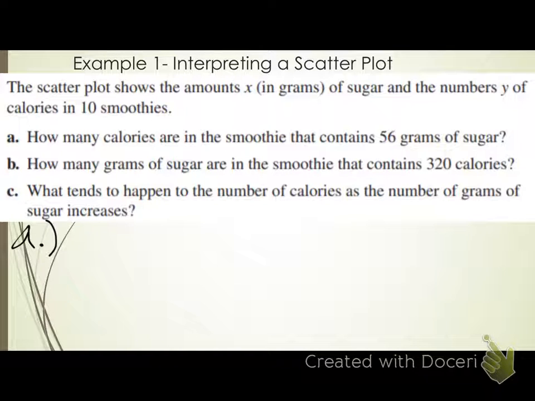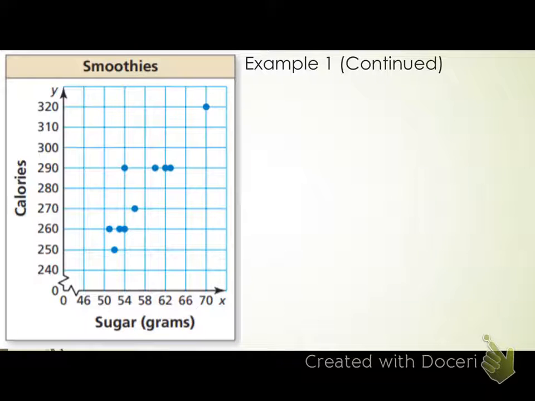How do I know which smoothie has the 56 grams of sugar in it? Which axis do I have to look at to find 56 grams of sugar? The x-axis, because my x-axis is representing the amount of grams of sugar, right? So let's look at our x-axis for 56. Where would 56 be on my x-axis?